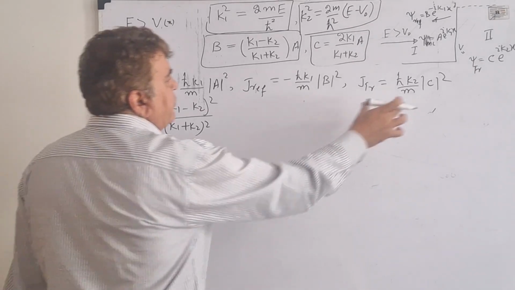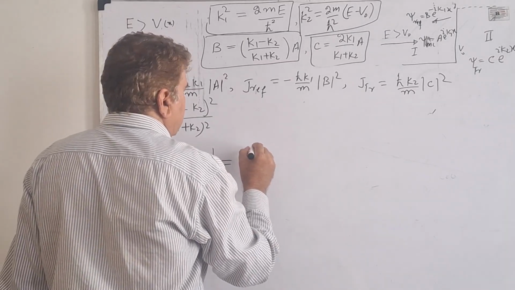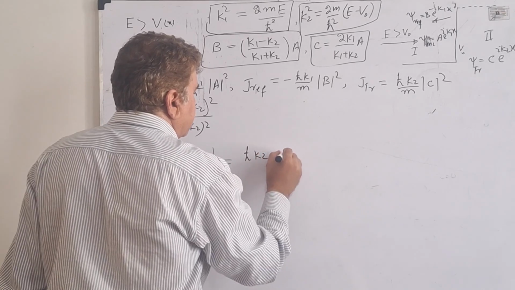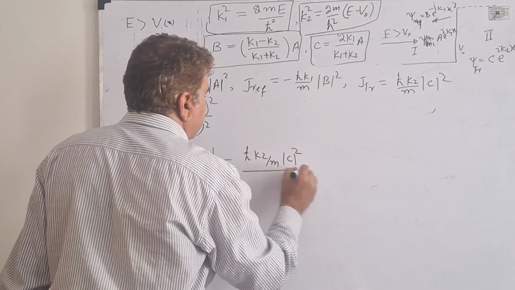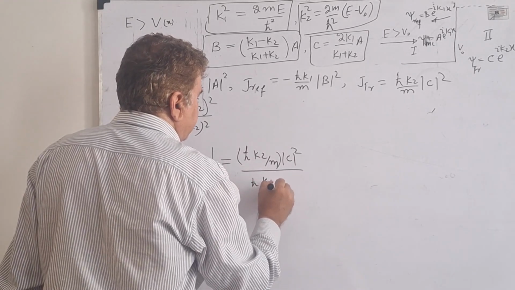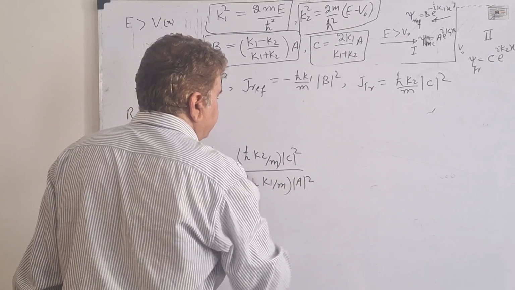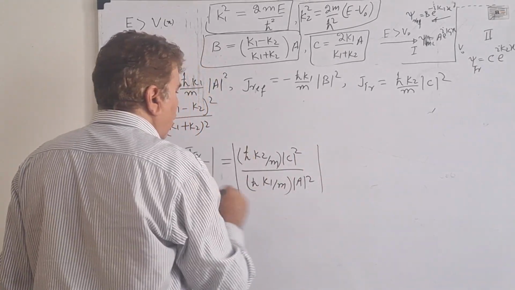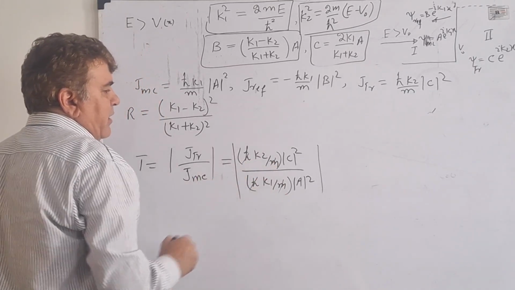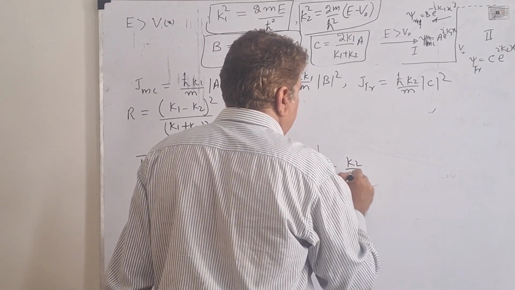If I put the values from these equations, I get h bar k2 divided by m into mod C squared divided by h bar k1 divided by m into mod A squared, the whole mod. h bar and m cancel, so we are left with k2 divided by k1.